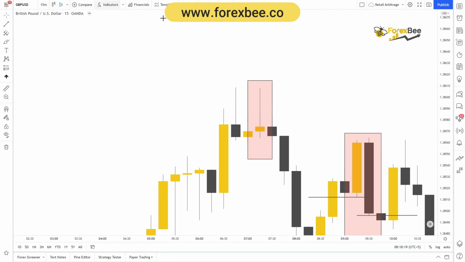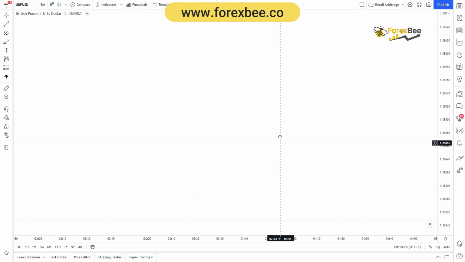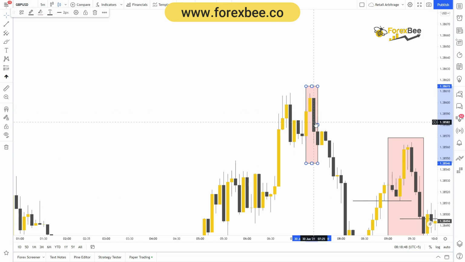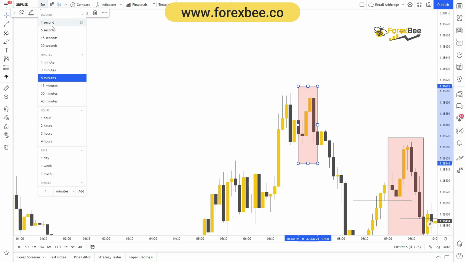So this is a 15-minute time frame, but if we go towards a smaller time frame, the 5-minute time frame, we will be seeing an engulfing candle. Let me check. Here you can see these candles. If we combine all these candles, we can basically get a pin bar, because these 2 candles will combine to form a bullish candle, and when we combine it with this bearish candle at the 5-minute time frame, these 3 candles give us the pin bar that we can see here on our 15-minute time frame.